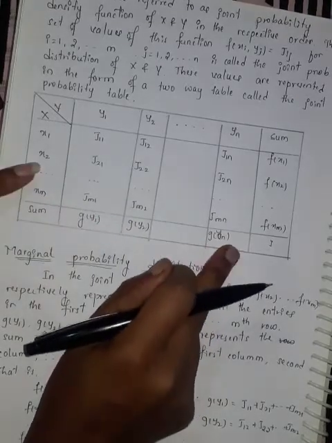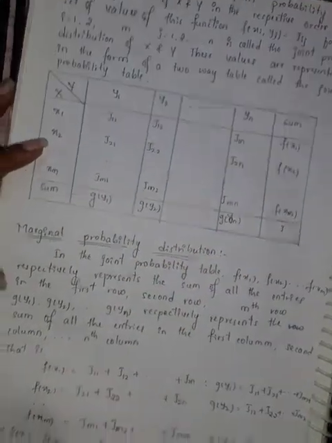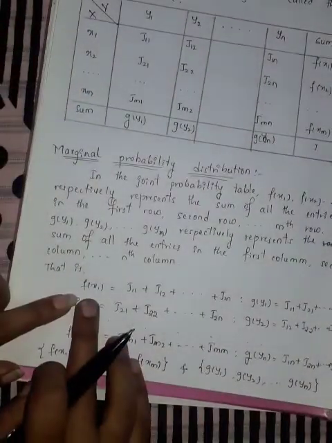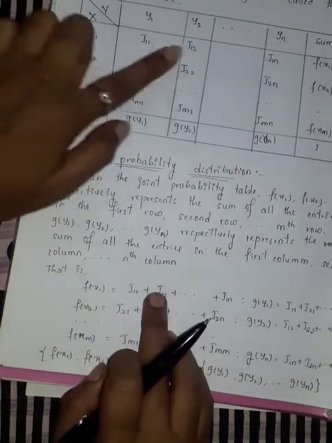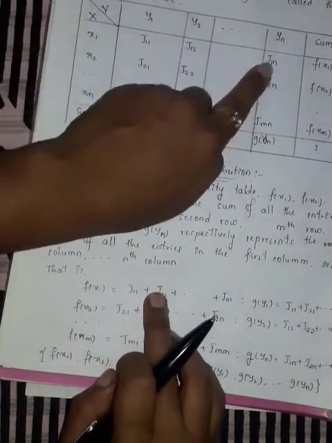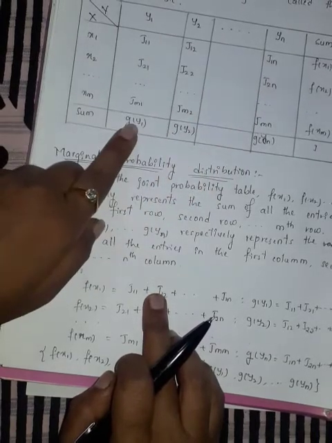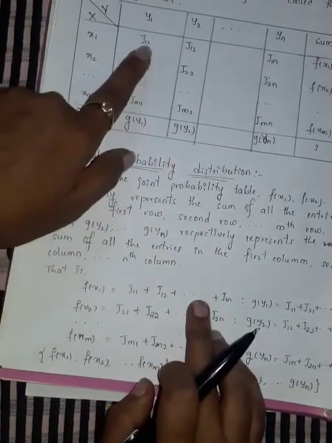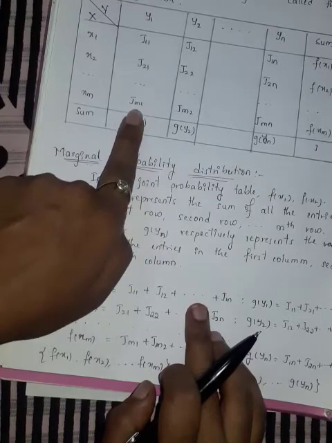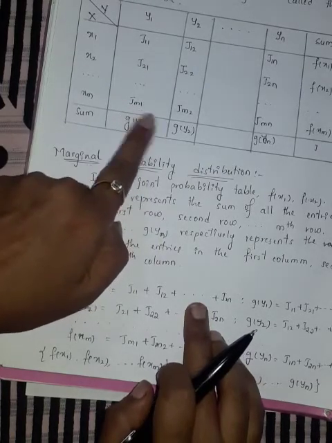Similarly, g(yn) also. So this is written like this: f(x1) is J11 plus J12 up to J1n, and g(y1) is J11 plus J21 up to Jm1.